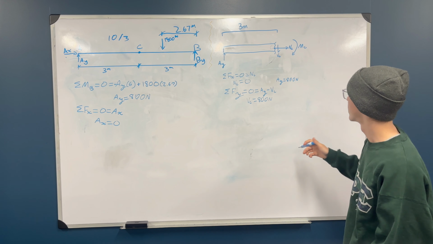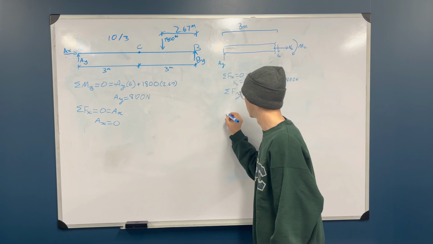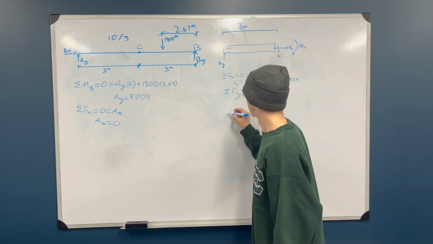Lastly, we take the moment around point C. The sum of the moments at C equals 0. It's opposite of our previous one, so we assume it's positive: plus M, and then negative AY times 3 meters.